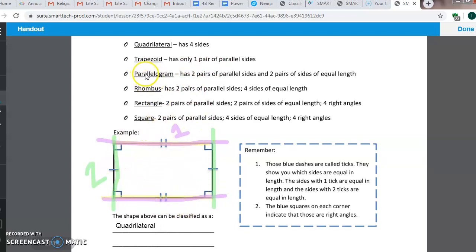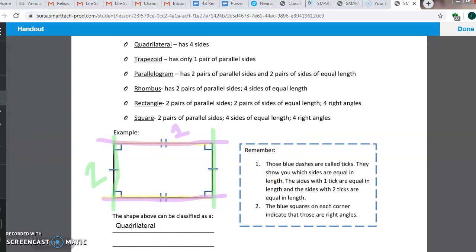Now let's move on to the next shape, parallelograms. A parallelogram has 2 pairs of parallel sides. Well, we just said that our shape has 2 pairs of parallel sides and 2 pairs of sides of equal length.